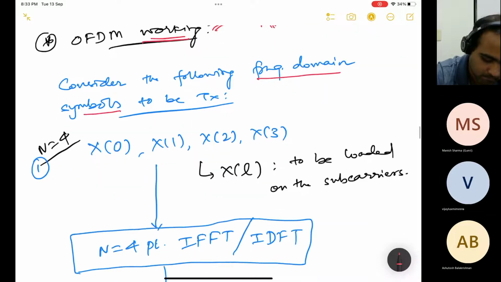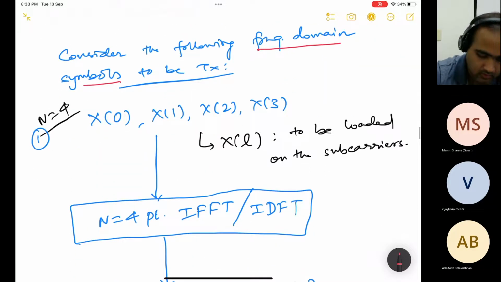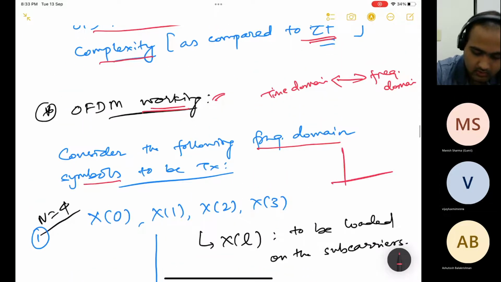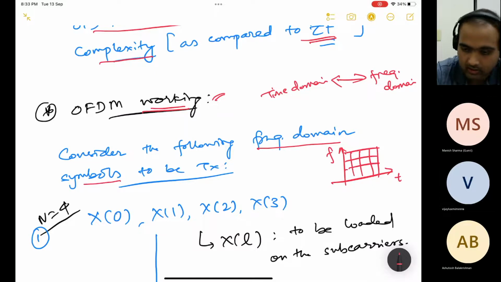We'll see that also. So assume that initially you have, so how is our bandwidth? In OFDM, we have the time and frequency. This is called a resource block. It's kind of a grid.